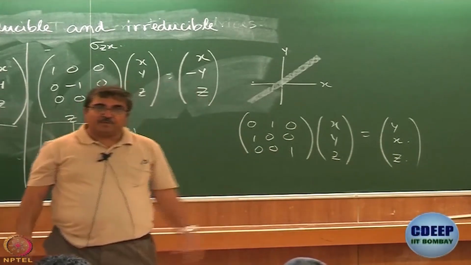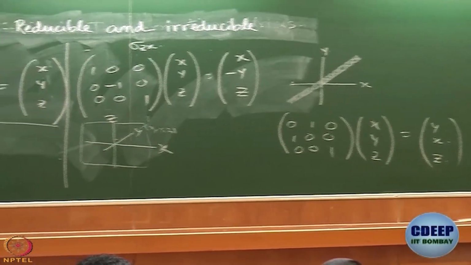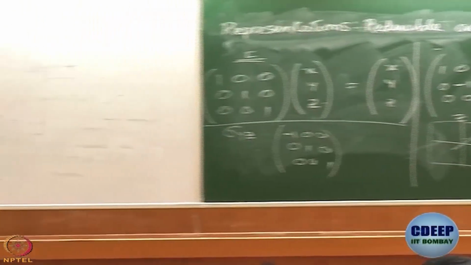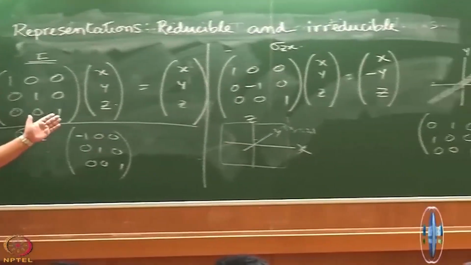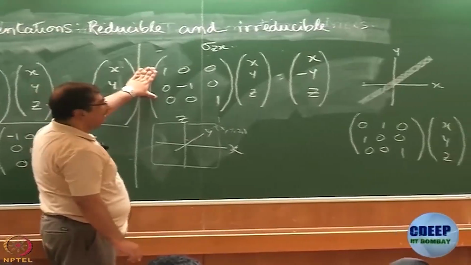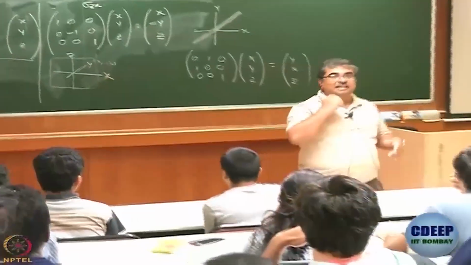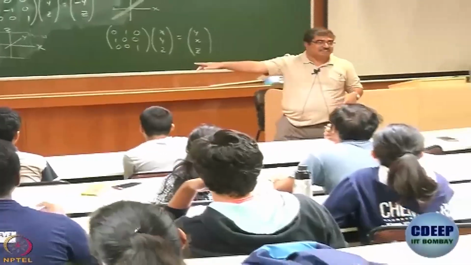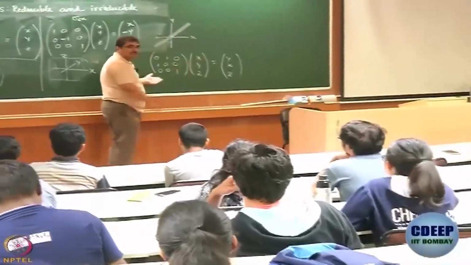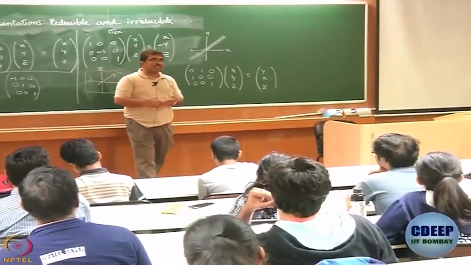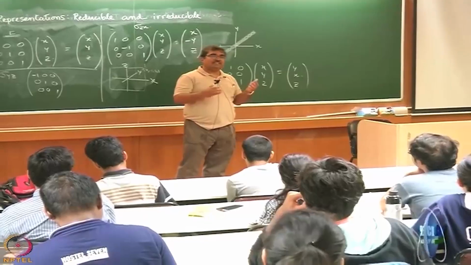Now, I hope the difference between the matrices we got earlier and the one that we have drawn now is obvious to you. What is a major difference? The first one is a diagonal matrix, this is not a diagonal matrix, right. So here you have non-zero off diagonal elements as well. I was planning to discuss this a little later, but since we have reached here, let us discuss it right now.